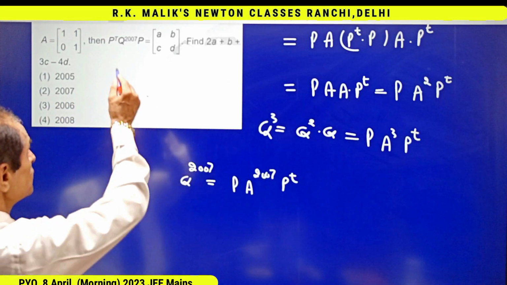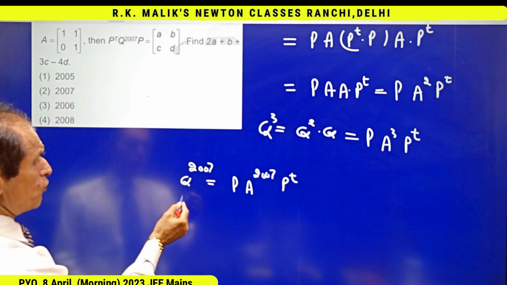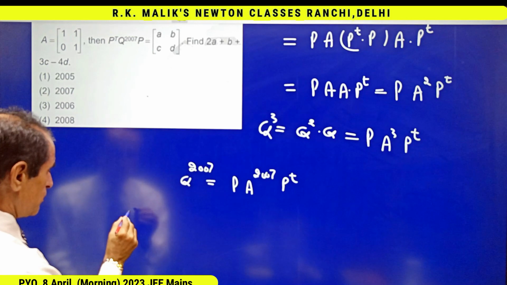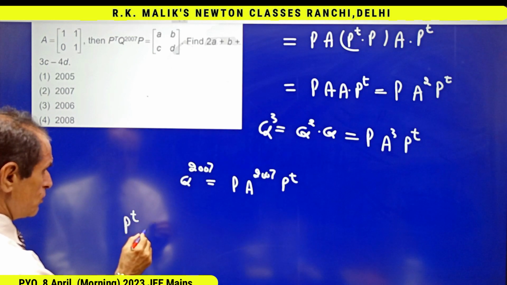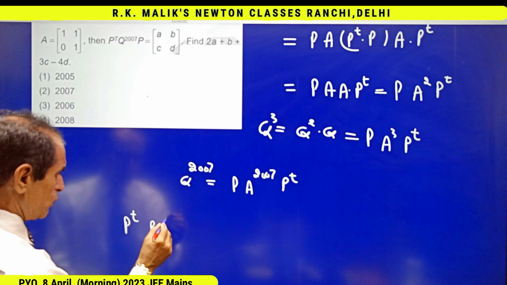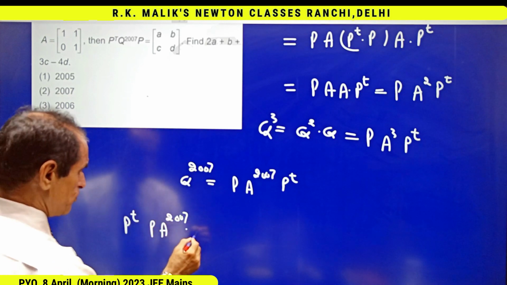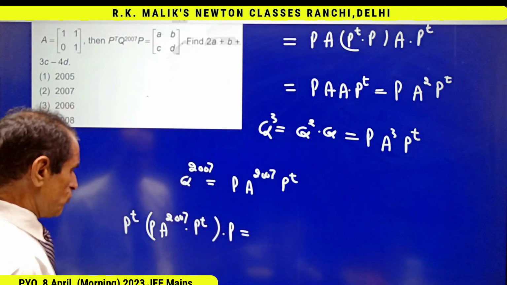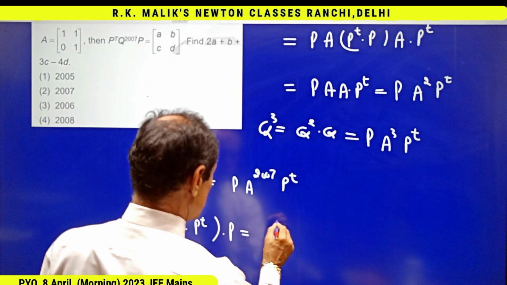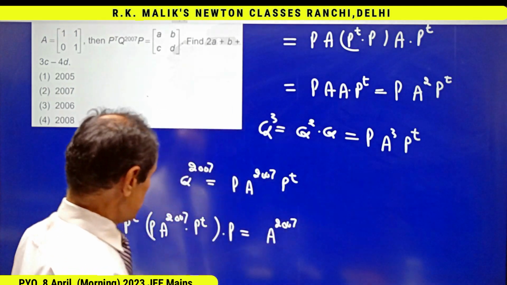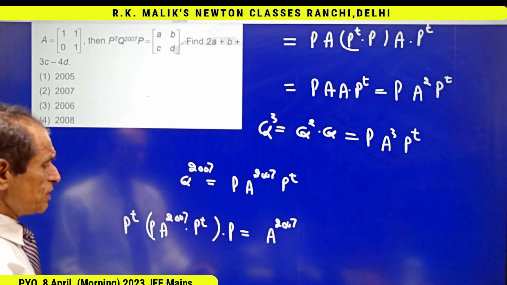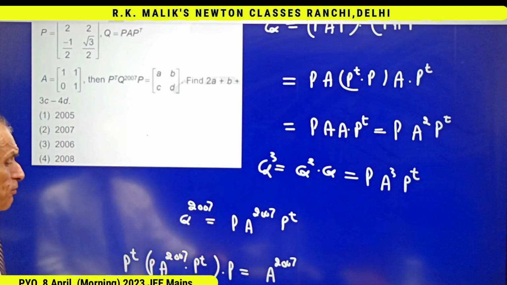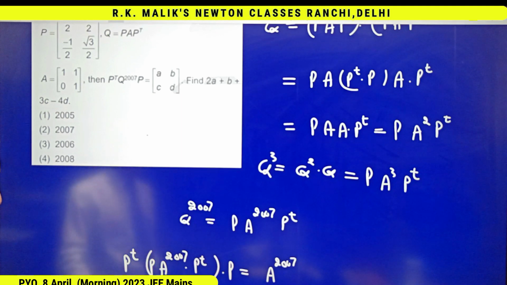Now putting this value of Q to the power 2007 in the left hand side, I will get P transpose into P into A to the power 2007 into P transpose into P. That is equal to A to the power 2007, because P transpose into P is I. And now I will find the value of A to the power 2007.